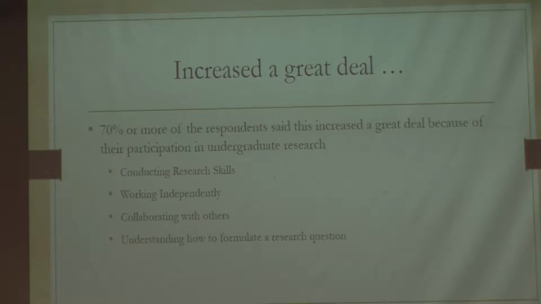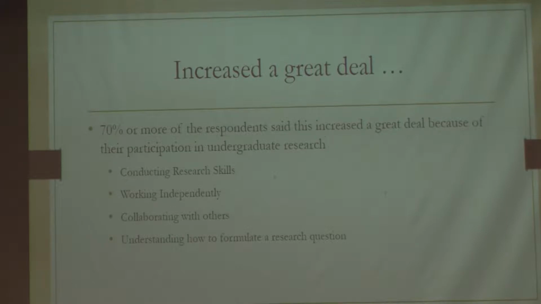Things change when a student participates in undergraduate research. We looked at the respondents and what they said. 70% or more of the respondents said that this increased a great deal directly because of their involvement with undergraduate research. Obviously, two of them, their research skills and their ability to formulate a research question, make sense.